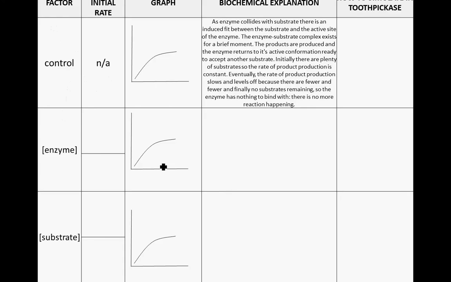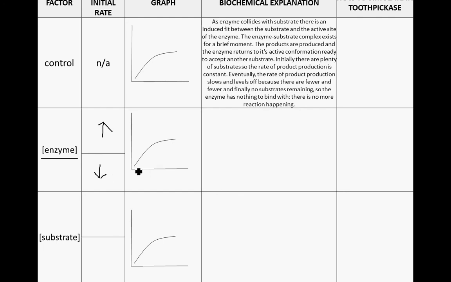I'll give you a copy of this in class. Forget this toothpick ace thing over here for the time being, but this gives you another place to practice some independent work. Here's a sample description of how you would describe what's happening, right? You could then practice, what if I changed the enzyme concentration? What if the enzyme concentration was elevated or lowered?